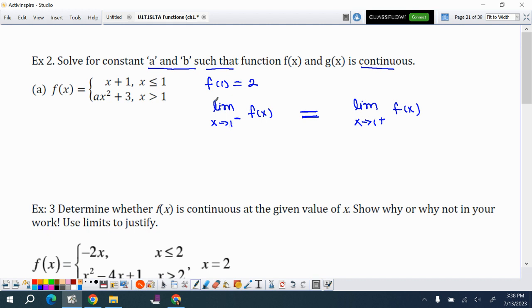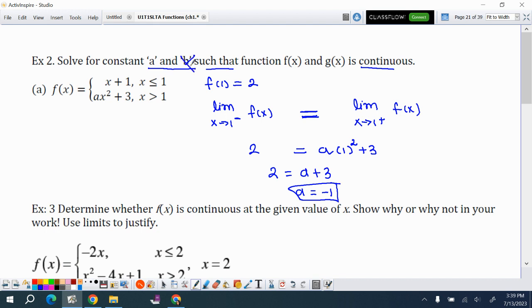So 1 from the left is the top one: 1 plus 1 is 2, equal to 1 from the right, which is a plus 3. So 2 is equal to a plus 3, a is equal to negative 1.